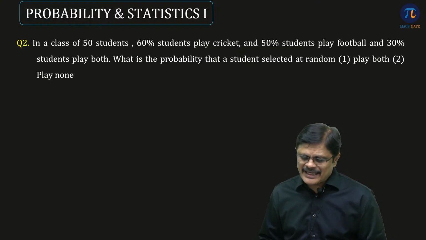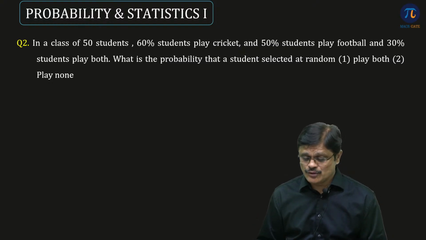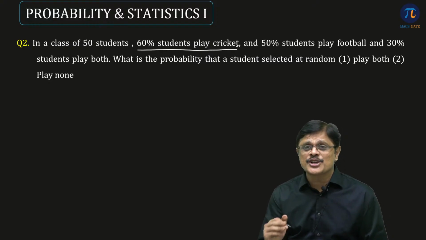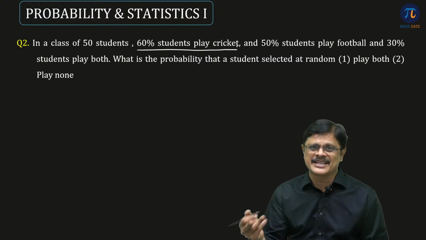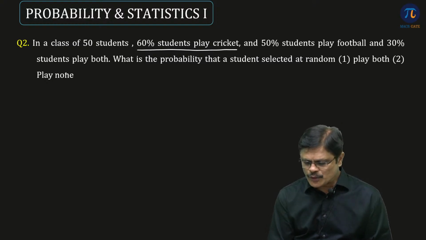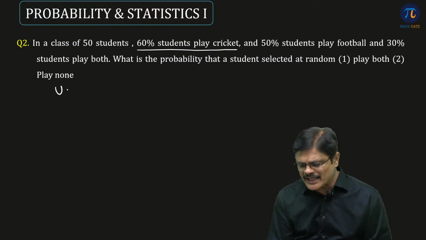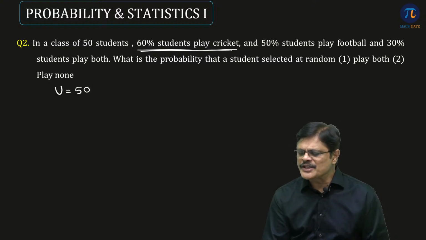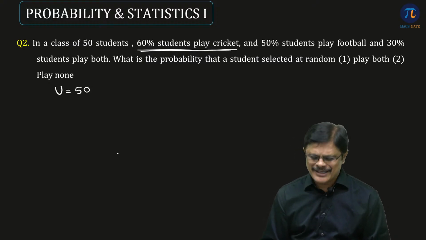Now look at this. In a class of 50 students, 60% of the students, so instead of giving direct numbers, he is giving percentages. The total number of students in the class, let us call it the universal set, is 50. 60% of the students play cricket.